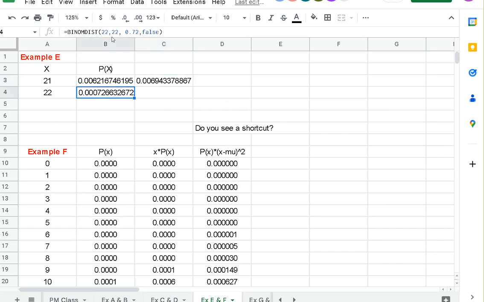The only difference between cell 3 and cell 4 was I took the number of successes, X, and changed it to 22. Couldn't you just look at what 22 is? No, because you have to include the probability of 21 as well.